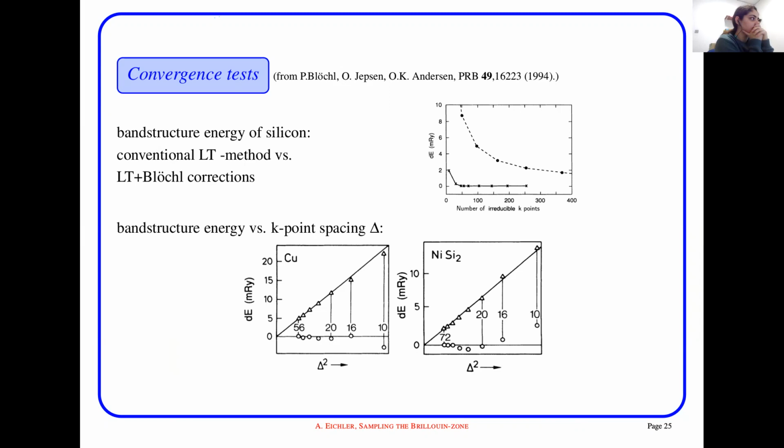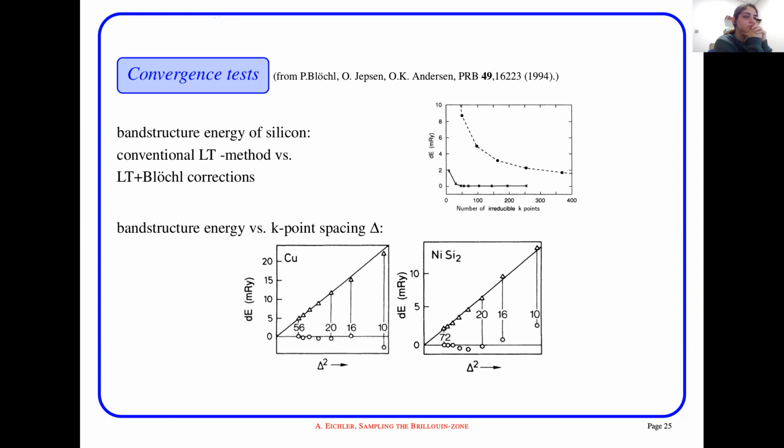So usually, when you are not sure, what you should do is a convergence test. You take the same system and you just vary the number of k-points you put inside, and you're going to get a chart. If you need more k-points, then you insert more k-points.